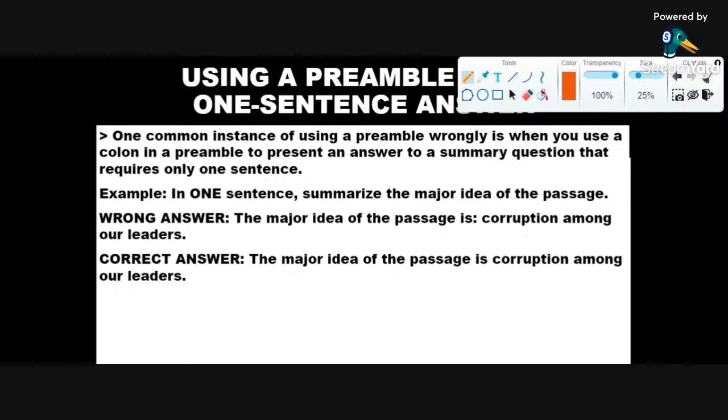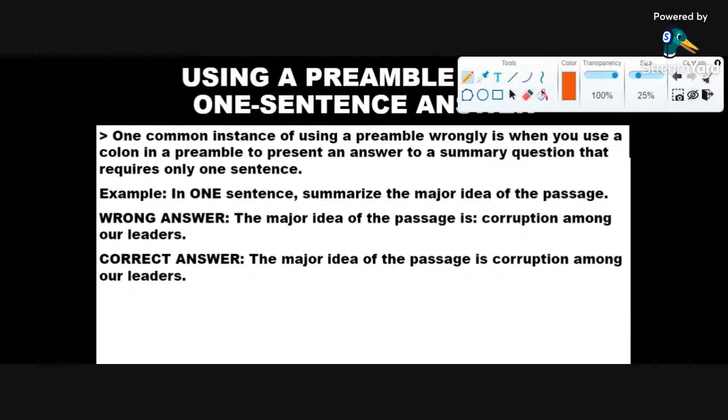Now, this is one common instance of using a preamble wrongly. And that is when you use a colon in a preamble to present an answer to a summary question that requires only one sentence. That is another very common instance, apart from the other type of preamble we looked at, where you already cut part of each answer and made it part of your preamble.